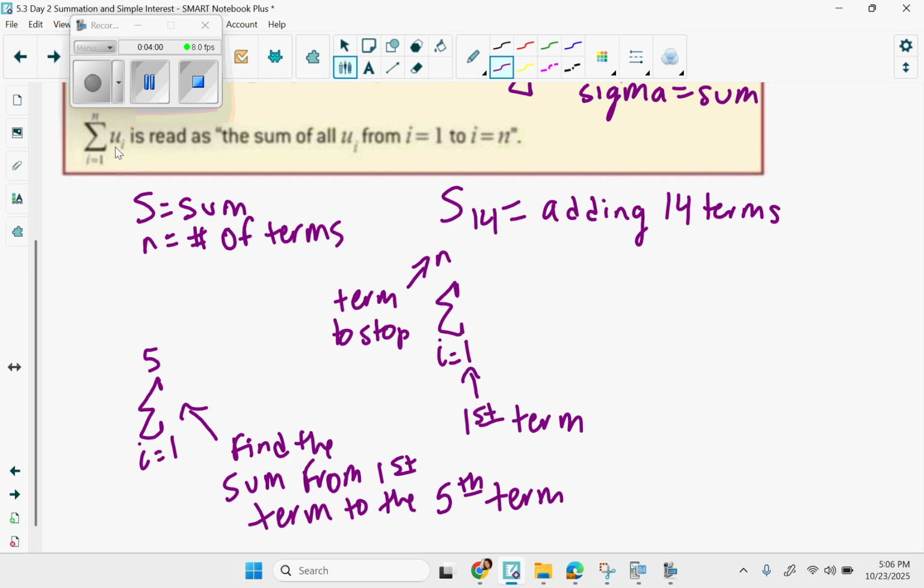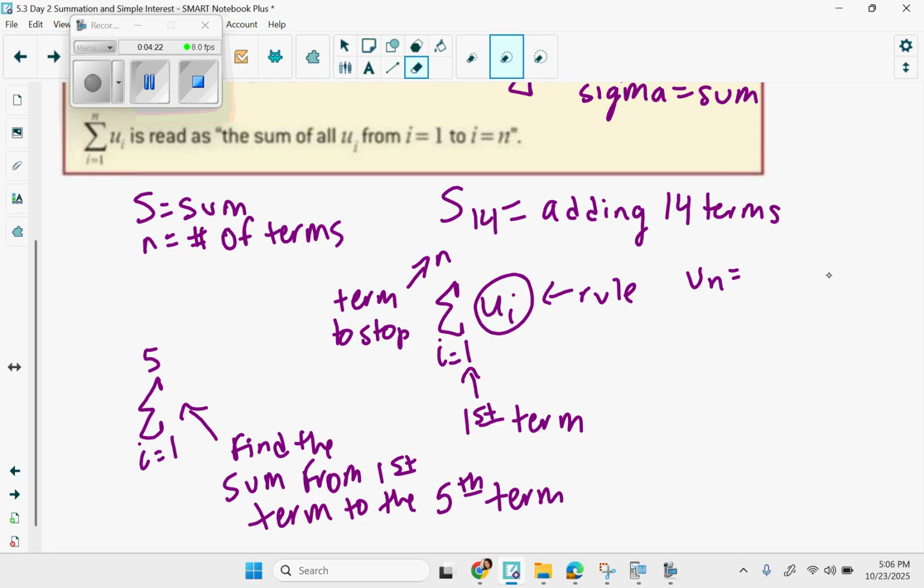Now you'll also see this u sub i. Let's talk about what this represents. This u sub i means our rule. Remember yesterday we talked about that rule: u sub n equals, and we had n minus 1. Oh, and we got to put our u sub 1 in front of that because that's the first term.